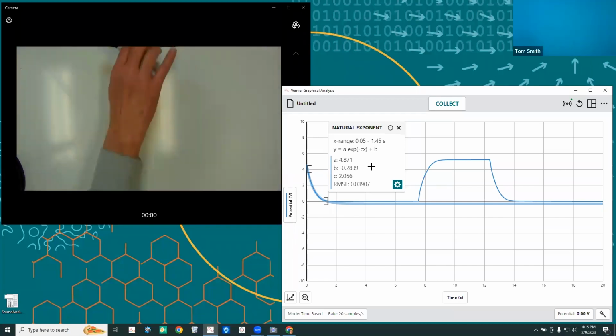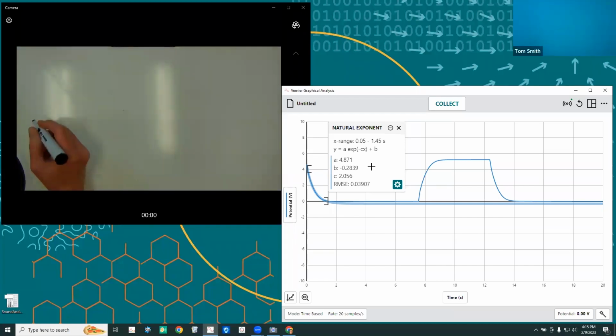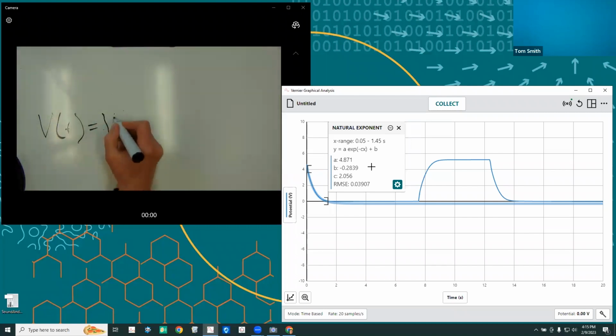So the basic equation we have for that exponential decay is that our voltage, which is a function of time, is equal to that initial voltage times e to the negative t, that's our time, divided by RC, which is the time constant.